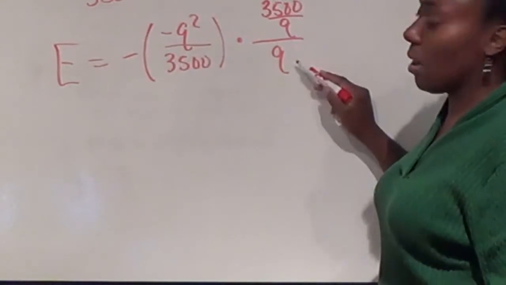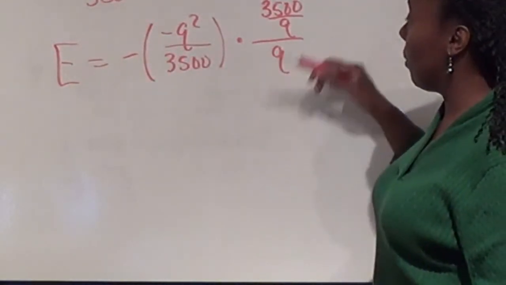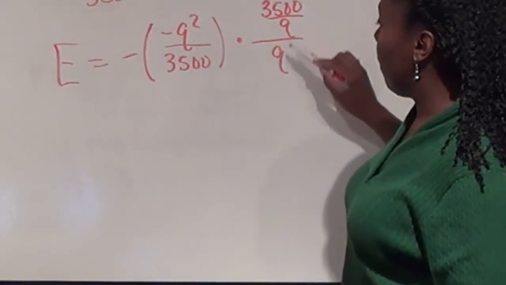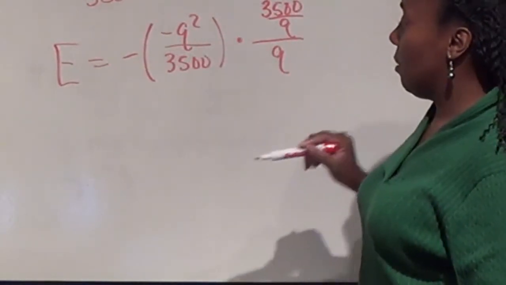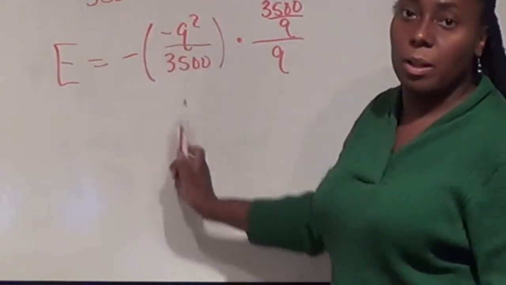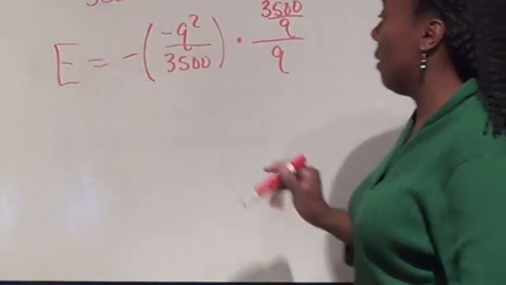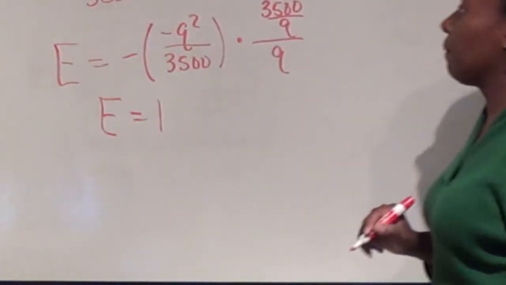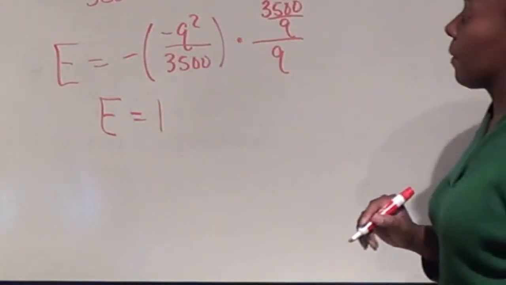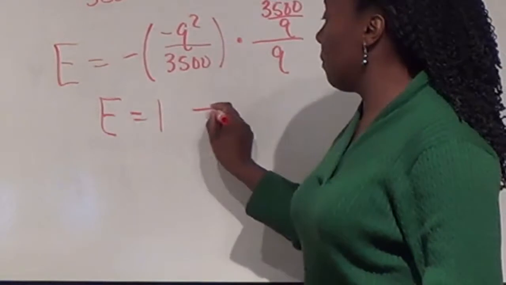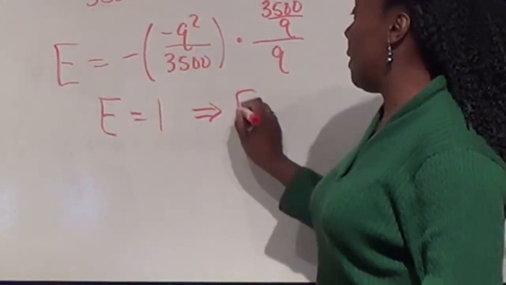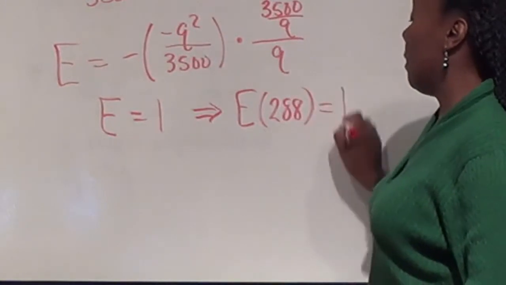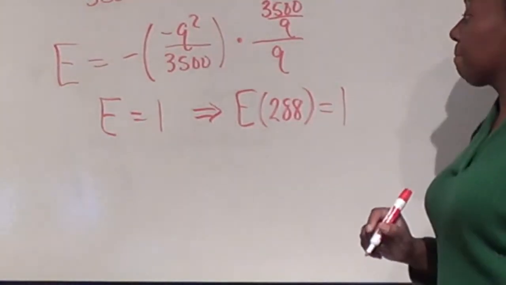Now, simplifying this, notice this is a complex fraction, so to simplify, we'll invert and multiply, which means I'm going to get a 3,500 over Q squared. Well, that's essentially what I have here, just reciprocated. So this tells me E is just going to be 1. More importantly, that says E at Q being 288 is still going to be 1.